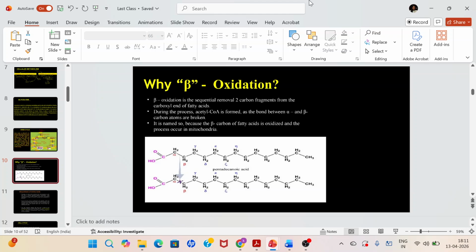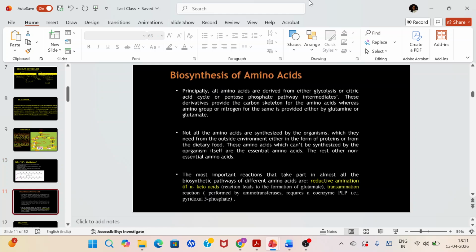So that is how the beta oxidation happens, and during the process acetyl coenzyme A is formed as a bond between alpha and beta carbon atoms is broken. Okay, so it is named so because the beta carbon of fatty acids is oxidized, and the process occurs in mitochondria. Okay, so this process also occurs in mitochondria.